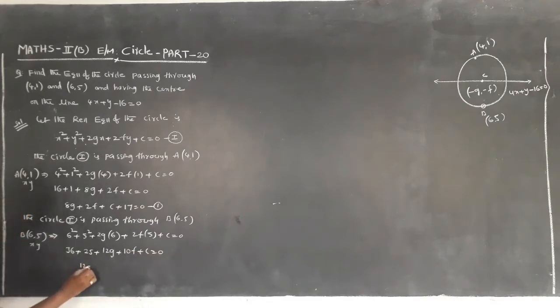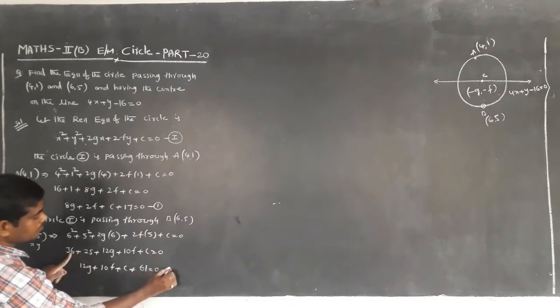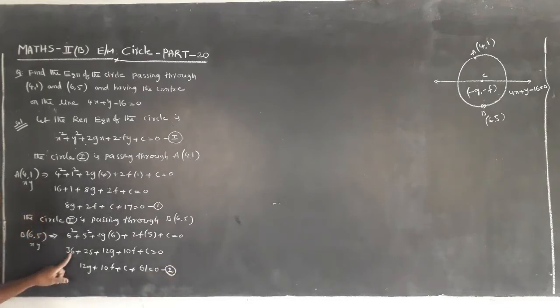Rearranging, 12g plus 10f plus c plus 36 plus 25, 61, is equal to 0. This is equation number 2.